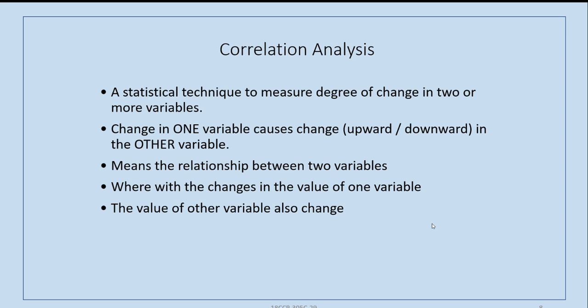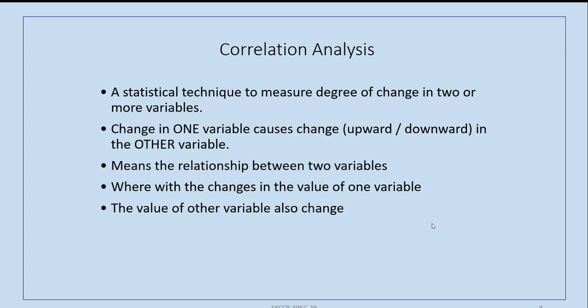And change in one variable causes change in the other variable. Where in these two variables, if a change is there in one variable, that change should cause change in the other variable also. So such types of things we will take, where with the changes in the value of one variable, the value of the other variable also changes. That means if one variable is changed, the other variable also changes.